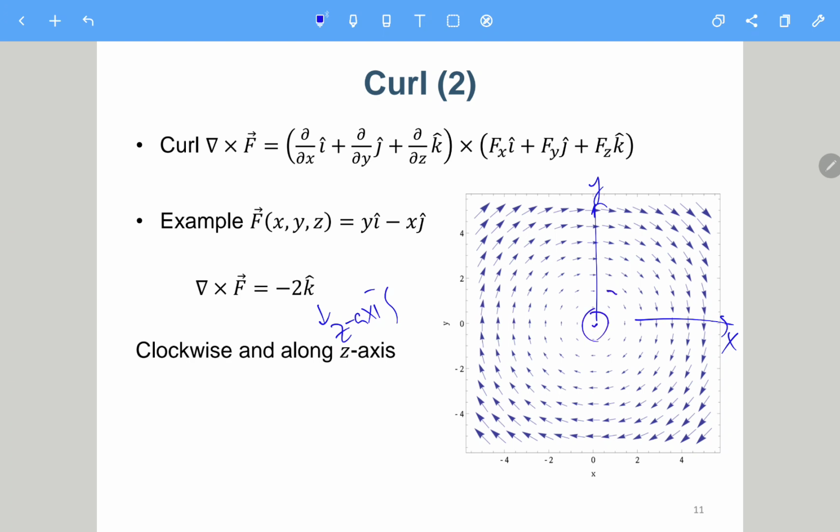So the z direction is pointing out of the page. But here, this one is pointing into the page. So it follows the right-hand rule, because if it is rotating clockwise, you use your forefinger to follow this direction, and your thumb is pointing into the page. So your thumb is pointing to the direction which matches this one.